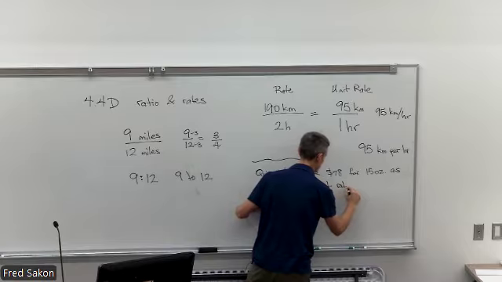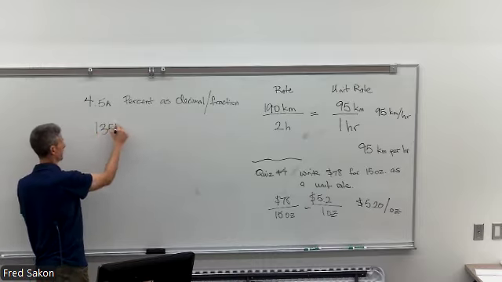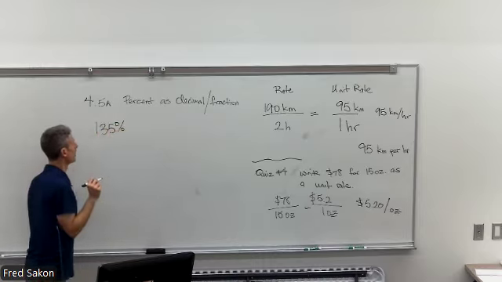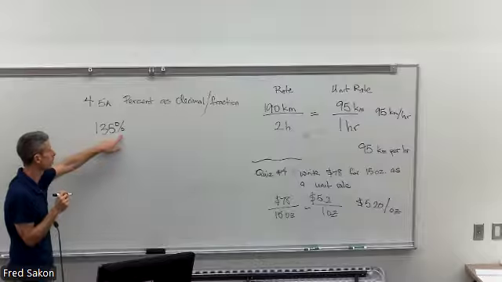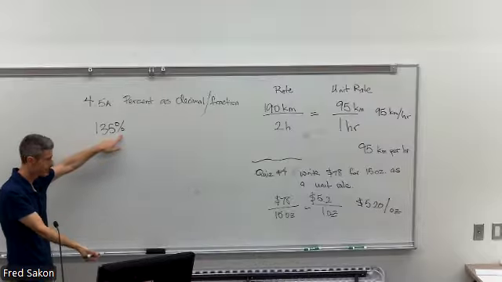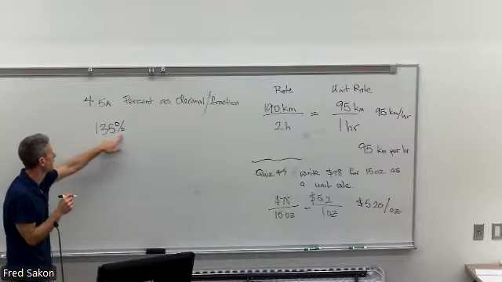Next little bit that we're going to talk about is percent and how to think of it in terms of decimal and fraction. So if we have 135%, this percent symbol and corresponding idea of percent can be thought of as, okay, 135 per cent, like century, means 100, right?